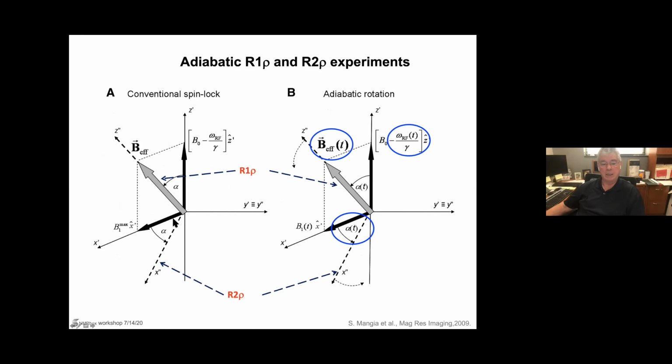Okay, they're not CW here, but the B1 field becomes time dependent. This precession angle relative to here is time dependent, and the omega RF is time dependent. Okay, so this gets complicated, but let's talk about how we're going to do this. This was, I think, a brainchild of Mike Garwood working with Gianluigi Veglia. Veglia was Frank's PhD supervisor, and that's where Frank got into this.